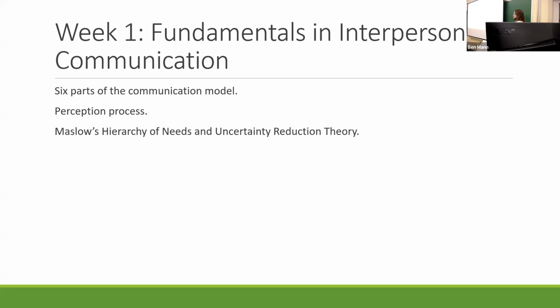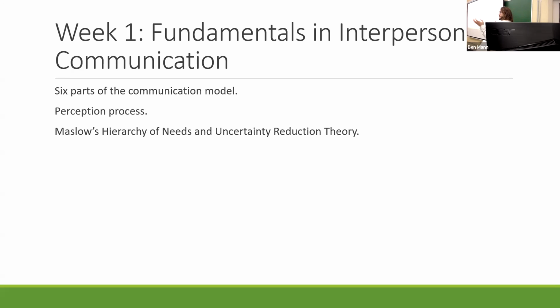We also, during the first week, talked about the idea of perception, right? How we attend to, organize, and interpret information. We use the perception process to make sense of communication. And then we went over a couple theories and ideas from the class, one of them being Maslow's hierarchy of needs. We have our basic fundamental needs at the very bottom, and then we have self-actualization at the top.